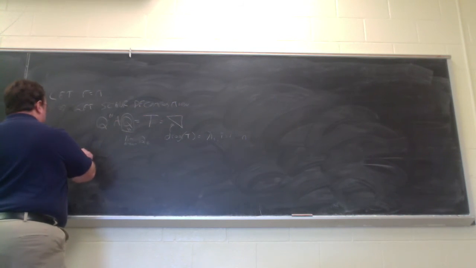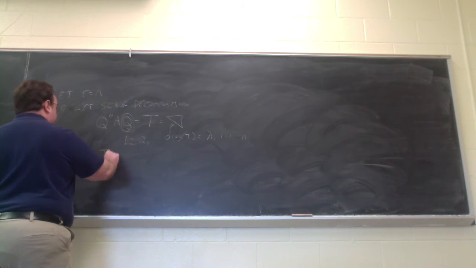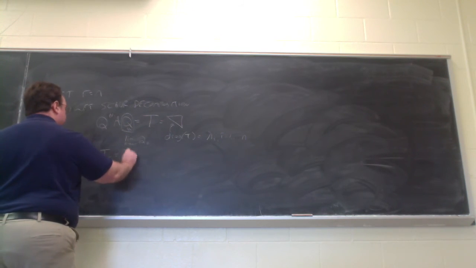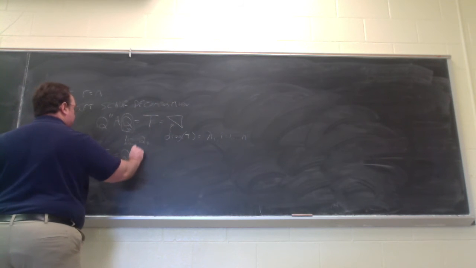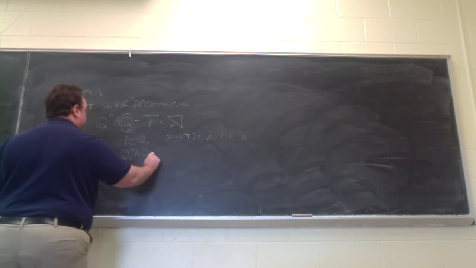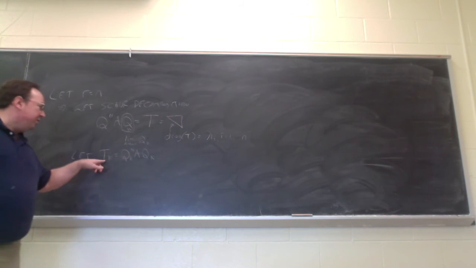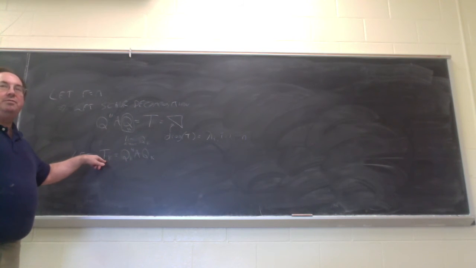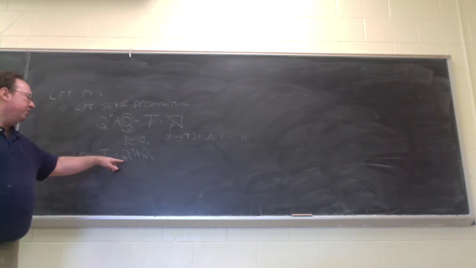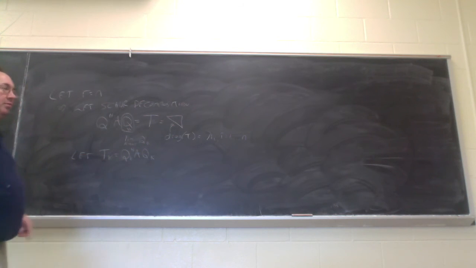So I'm going to define T_k to be Q_k Hermitian transpose A Q_k. So this matrix is not upper triangular at first, but the idea is if the Q_k's converge, then this will eventually converge to upper triangular form.